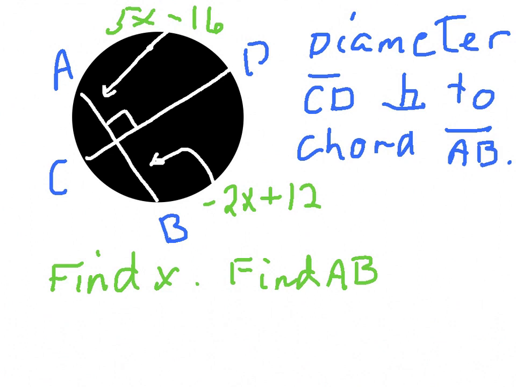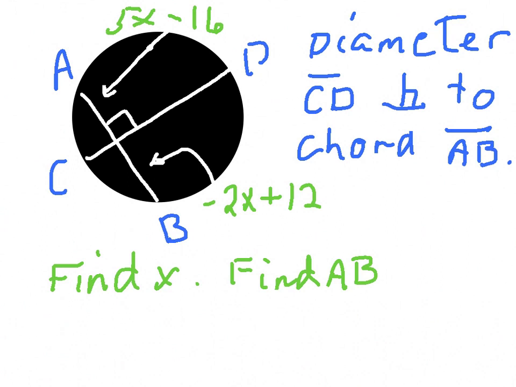So you can see here that we have a whole problem set up. Notice that we have a diameter, CD, that is perpendicular to a chord, AB. And by this arrow right here, you can see that this side here is 5x minus 16, and this side over here is negative 2x plus 12.